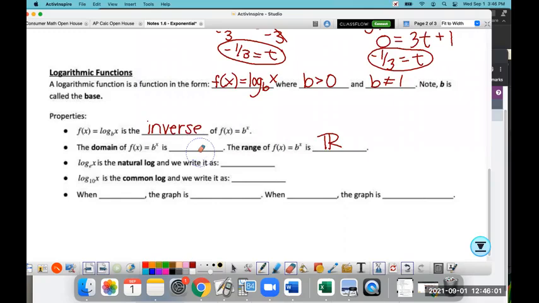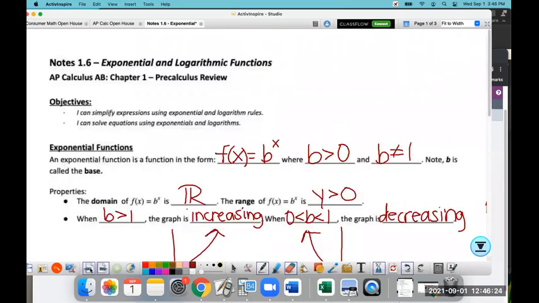So hold on. If the domain of b to the x is greater than 0, what in the world did I write on my cheat sheet? I had the right lines, I just have the wrong function. Whoops. So let's think about that really quick.